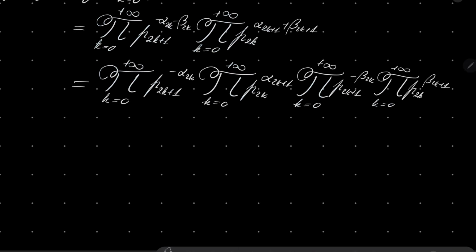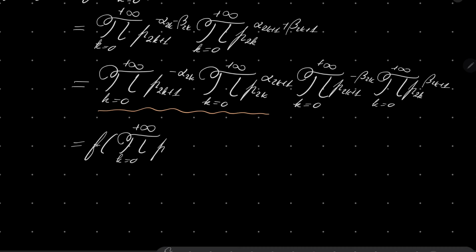All right, and now let's take a look. These first two products are just f of the product over all indices of pk to the power alpha k, by the definition.